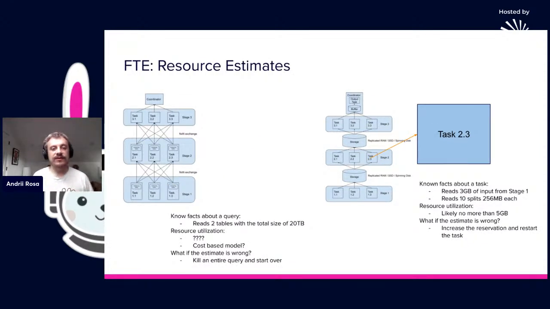Being able to execute one task at a time in isolation also greatly simplifies resource management. For example, it is no longer needed to maintain an external system for predicting resource utilization for your queries, because resource estimates can be done for a single task. Let's say you have a query and you're trying to predict how many resources it will use.